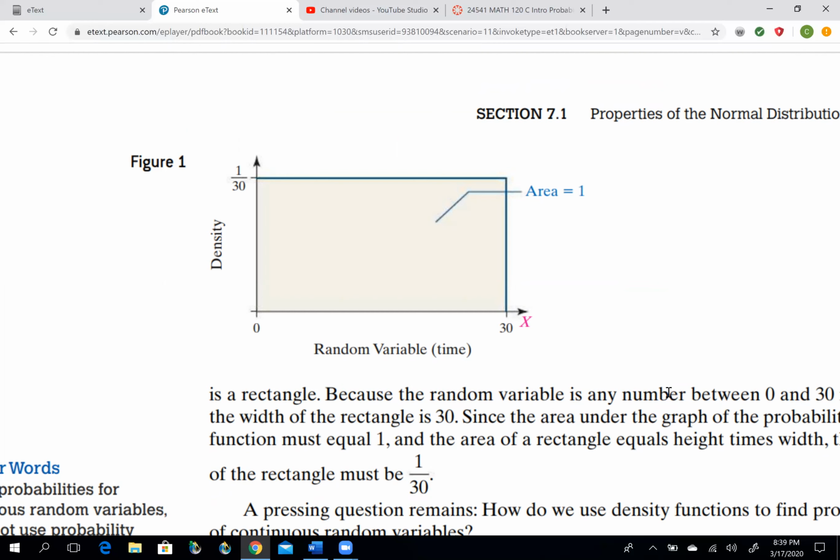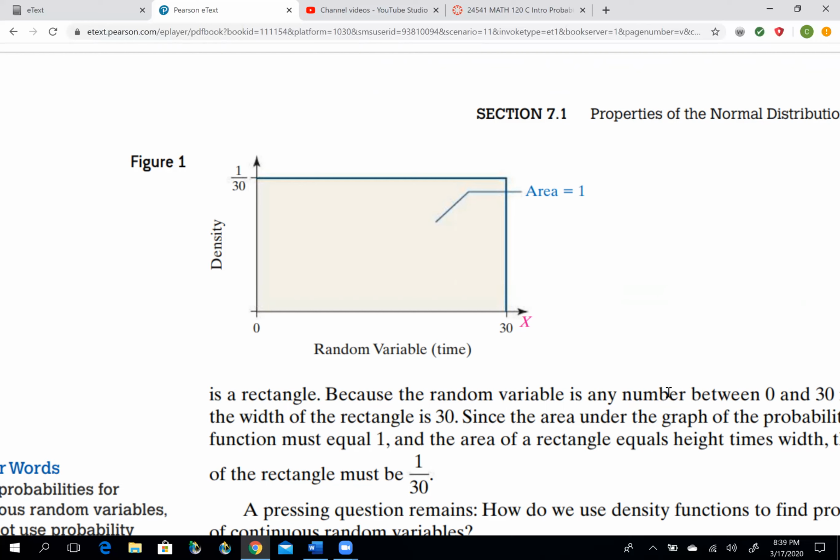The 0 is on time, so your friend is not late, all the way to 30 minutes, which means he or she is 30 minutes late. And the height of the rectangle is 1 over 30, so it's greater than 0.